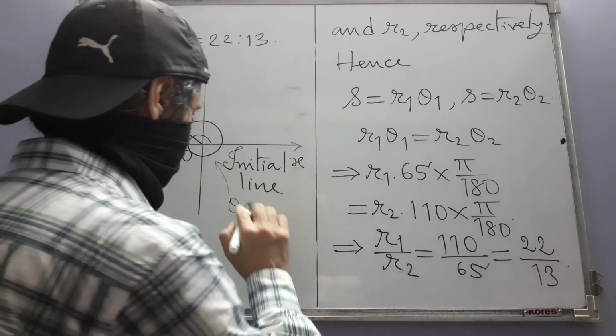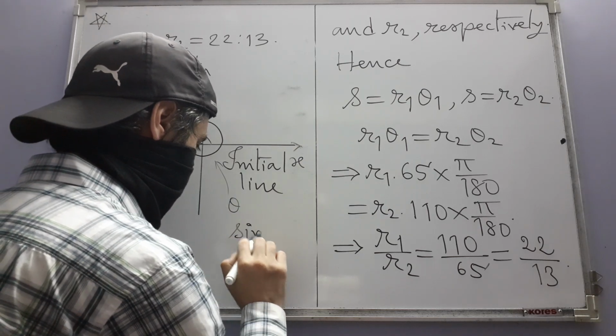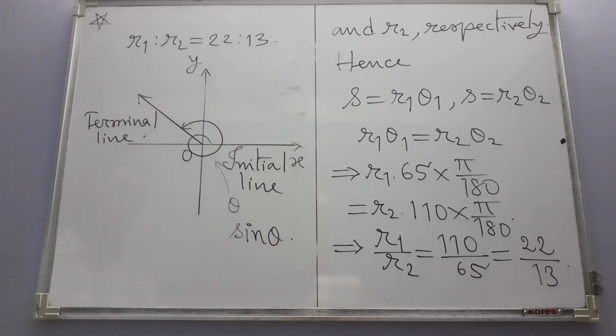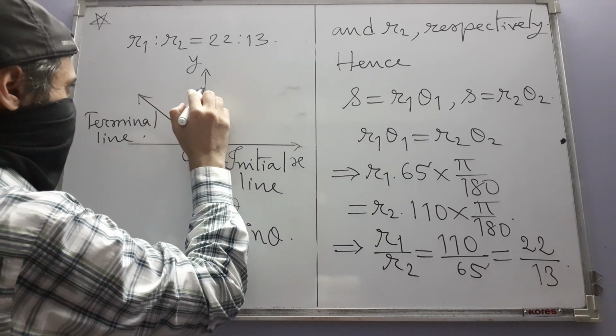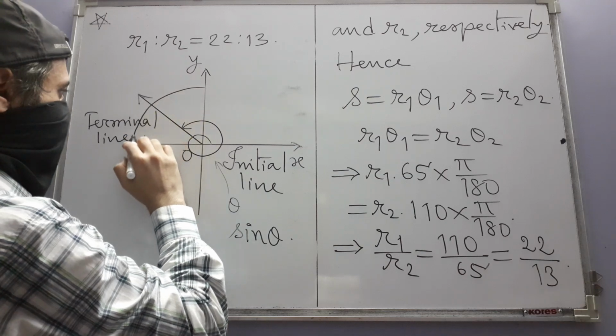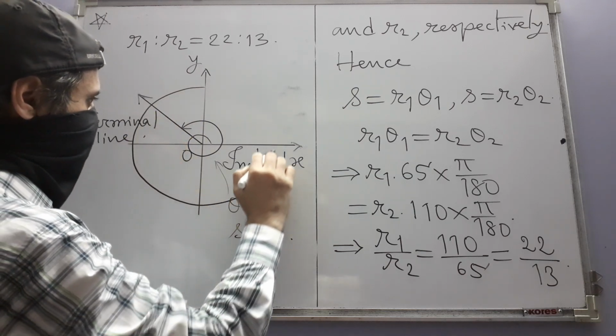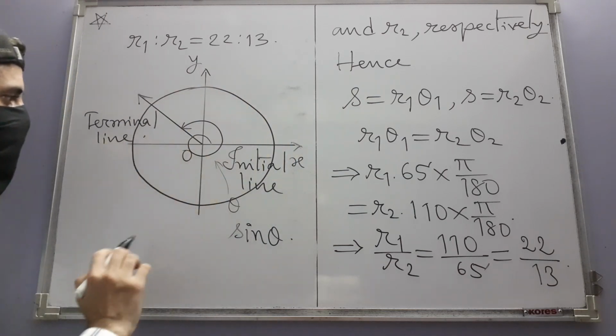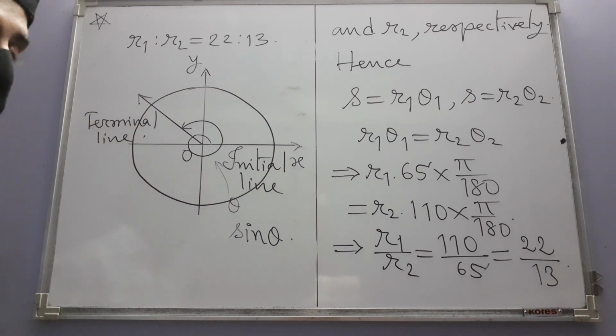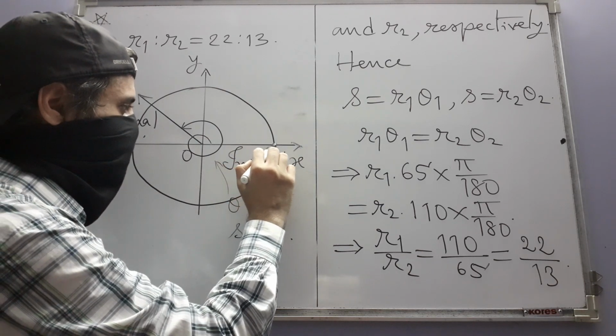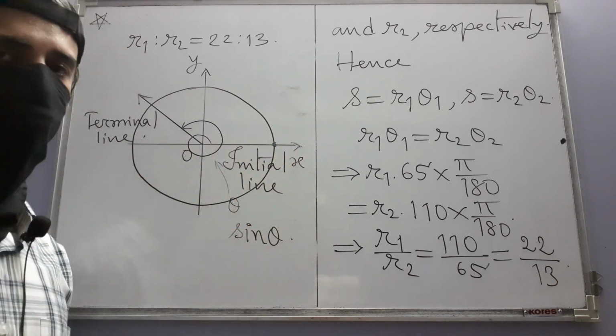Now what is sine theta? So what we do, we draw a circle whose center is the origin and which has radius 1.